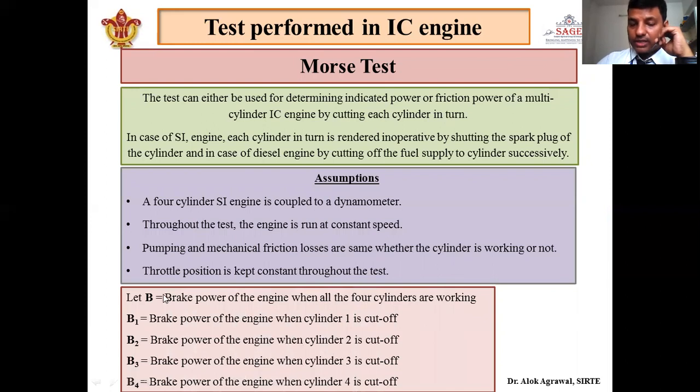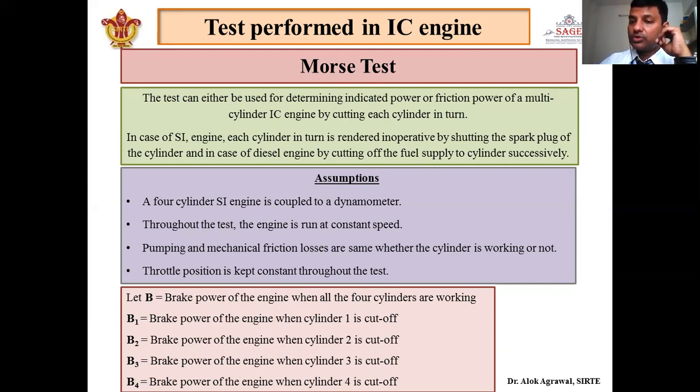Now let capital B be the brake power of the engine when all four cylinders are working. Means when sparking is occurring in each and every cylinder, then the total brake power generated by the engine is capital B. Now here comes the trick: B1 is the brake power when we make cylinder number 1 inactive and the remaining 3 cylinders are in working condition.